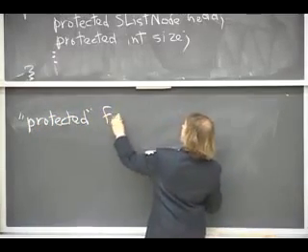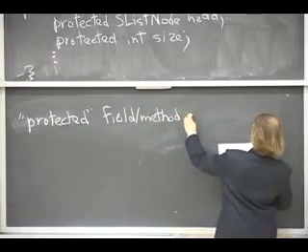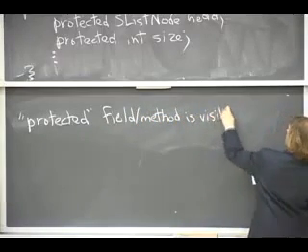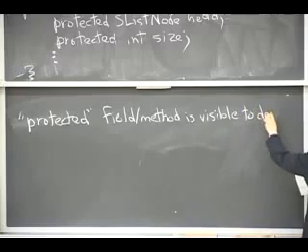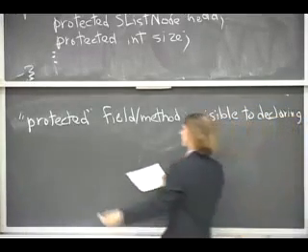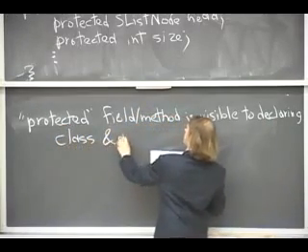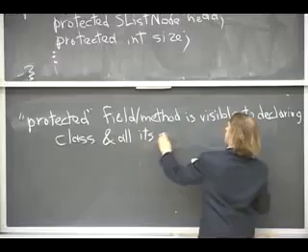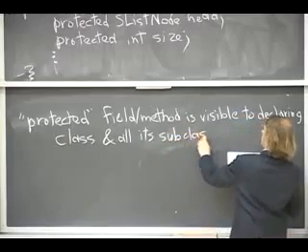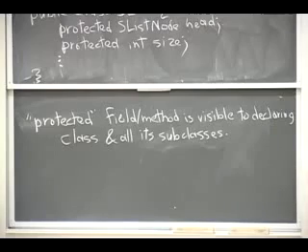Now, both fields and methods can be declared protected. A field or method that is protected is visible to the declaring class and to all its subclasses. So you should think of protected as being a level of protection between public and private.